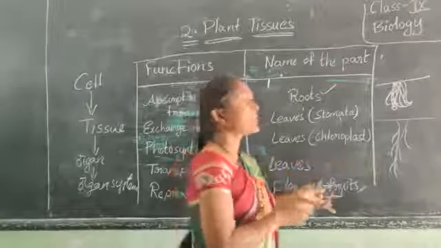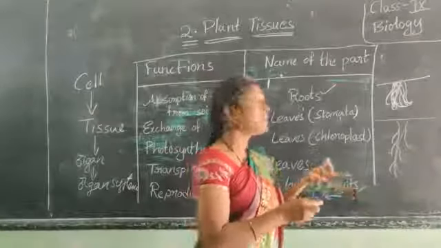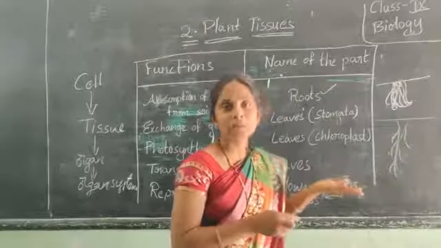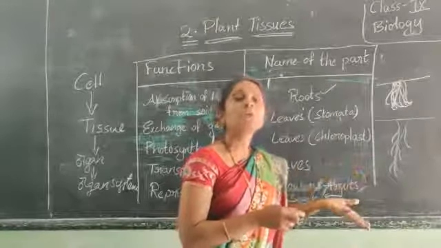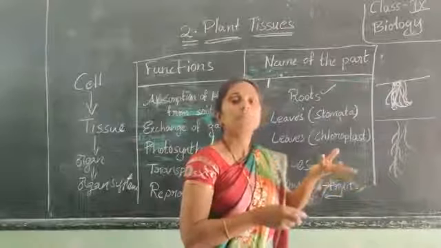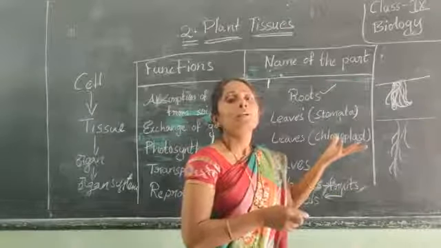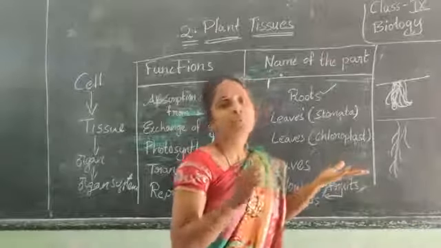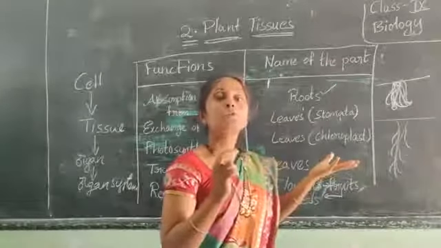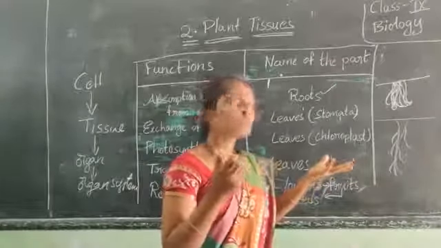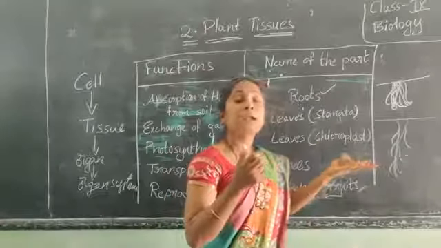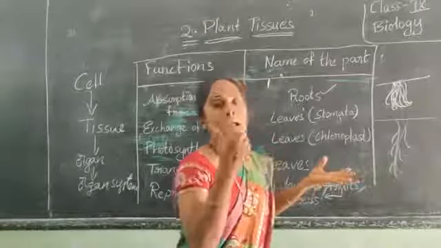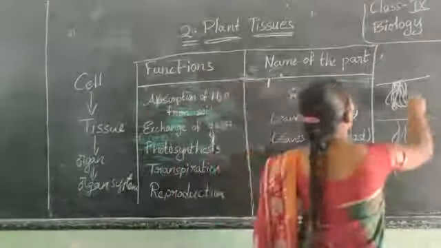They send water and minerals to the next part of the plant, that is the stem. And from stem to the different parts, water and nutrients can go with the help of tissues. With the help of these tissues, minerals and water can be supplied to the tip of the plant. That is about the roots.